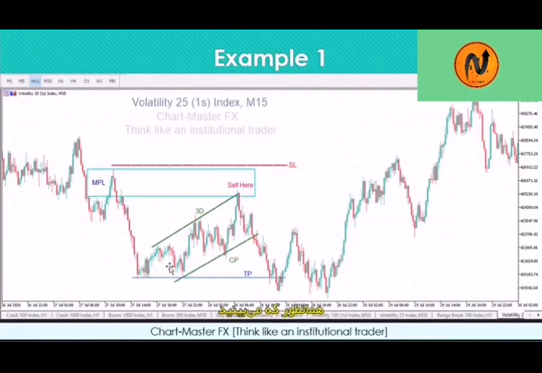So yeah, guys, as you can see, if I draw my order blocks here, you can see that there was not much space between these order blocks or some demand zones here. So they were consumed. Many of the orders were consumed all the way to the upside. That's why you see a drop in price that occurred here.